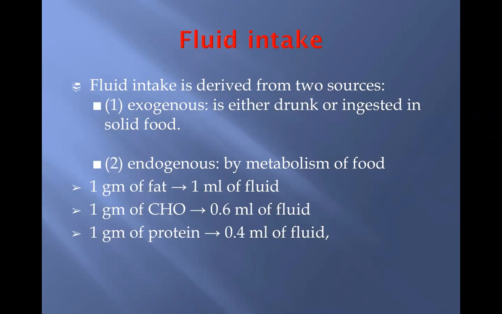According to this, 1 gram of fat can produce 1 ml of fluid, while 1 gram of carbohydrate can produce 0.6 ml of fluid, and 1 gram of protein can produce 0.4 ml of fluid. So this is the endogenous fluid after metabolism, where one of the end products is fluid, and here the direct fluid comes through drinking or with eating, as the food contains fluid itself.